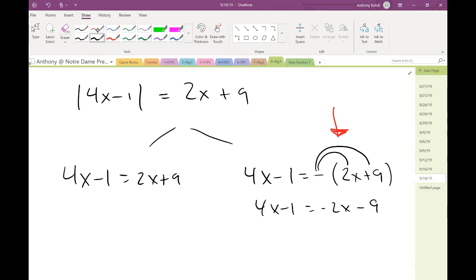Even once we've pointed this out and done examples involving this, come test time, students forget to distribute that negative across everything on the right-hand side. Oftentimes just the first thing gets negated and they forget about everything else. So please take note of this and be on the lookout. It's going to happen in the homework. I guarantee you'll see one on the test. So please try not to make that mistake.